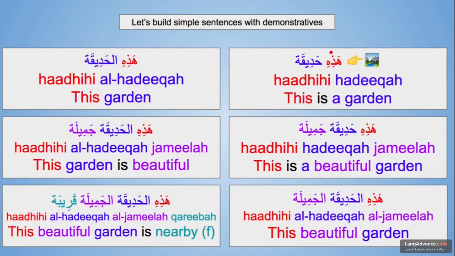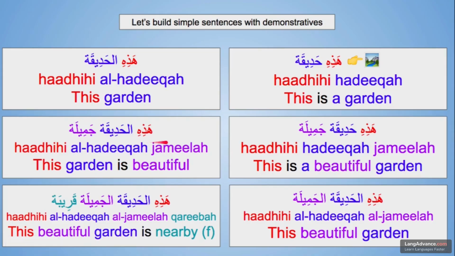So we can have something like هذه حديقة, this is a garden. Or هذه الحديقة, this garden. You can say هذه حديقة جميلة, this is a beautiful garden. Or we can say هذه الحديقة جميلة, this garden is beautiful.